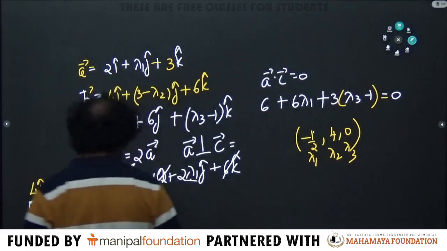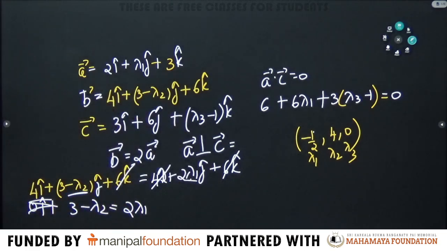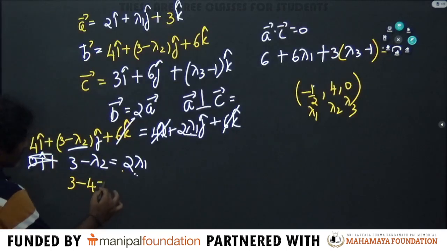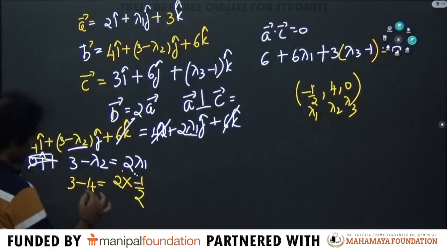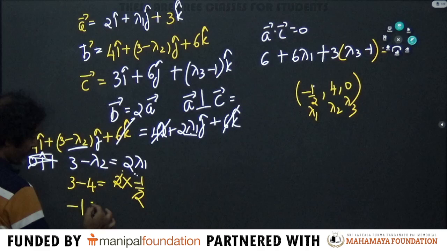Here 2 into 4 is 8. Are you all getting this? Just put here, okay? 3 minus lambda 2, which is 4, is equal to 2 into lambda 1, which is minus half. 3 minus 4 is minus 1. Here it is minus 1.